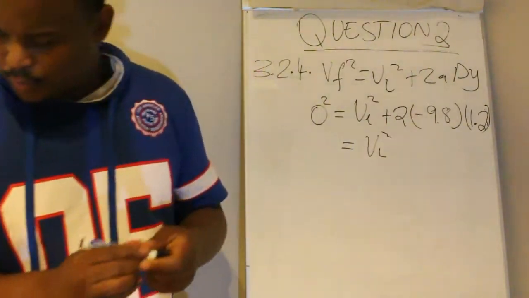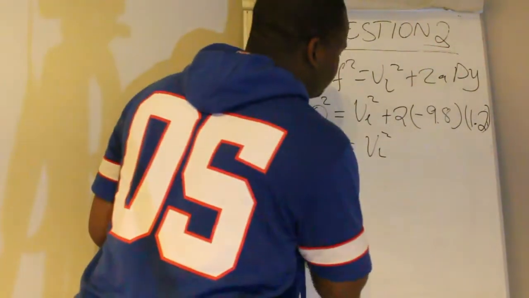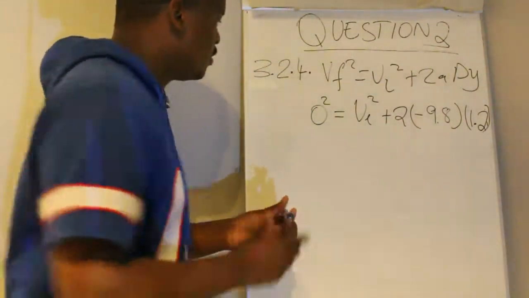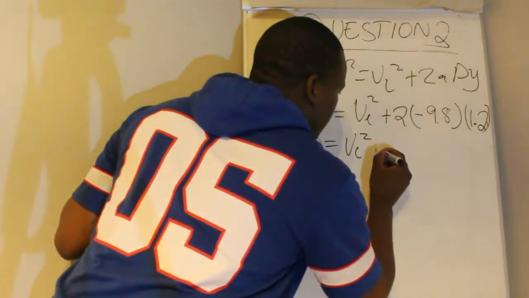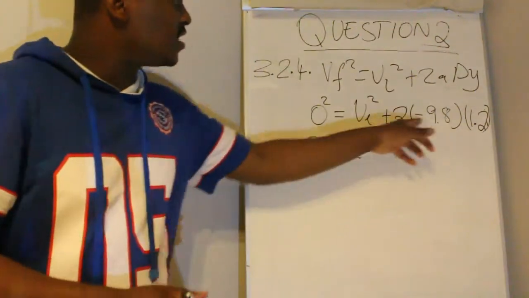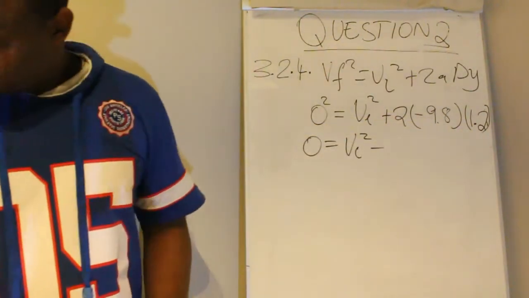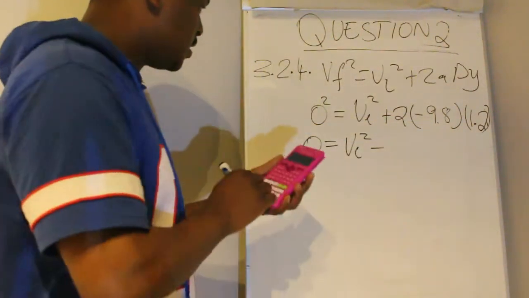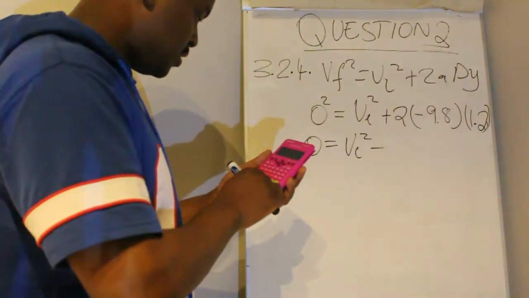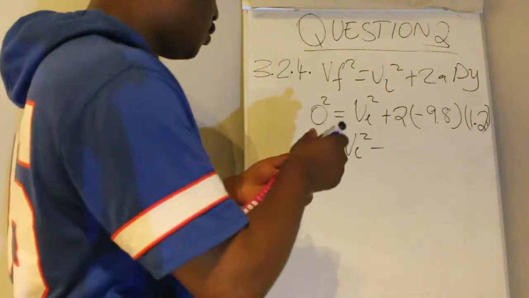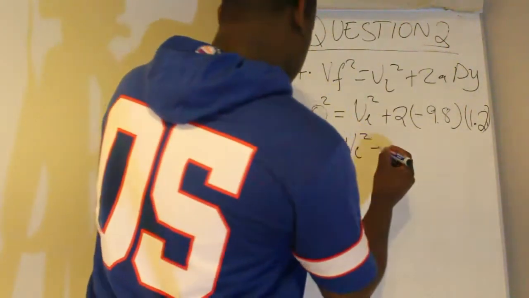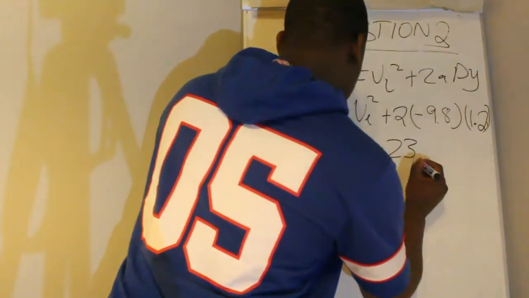Okay, let me just do it properly so I don't confuse you. So 0 is equal to Vi squared minus, so you punch this in your calculator, 2 times 9.8 times 1.2. So this is 23.52.